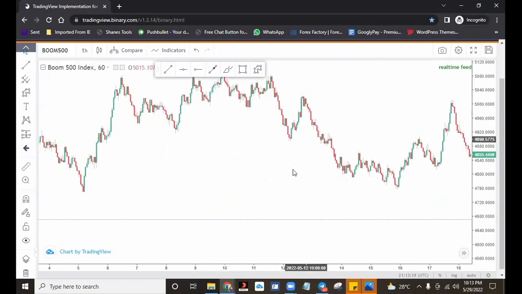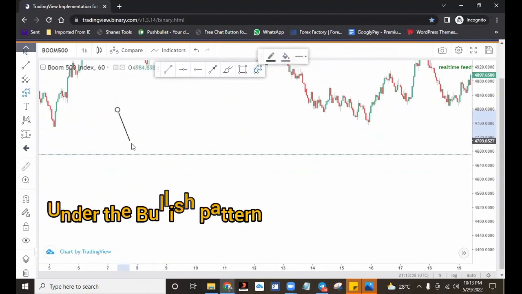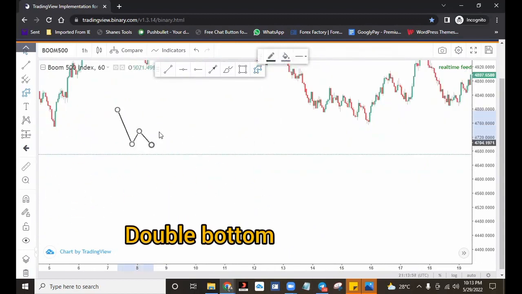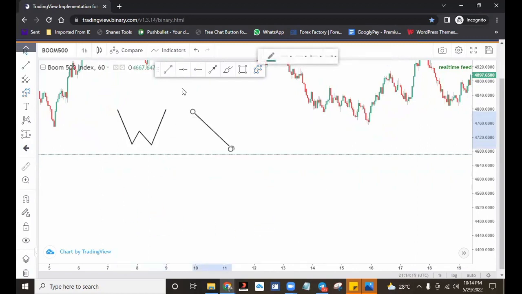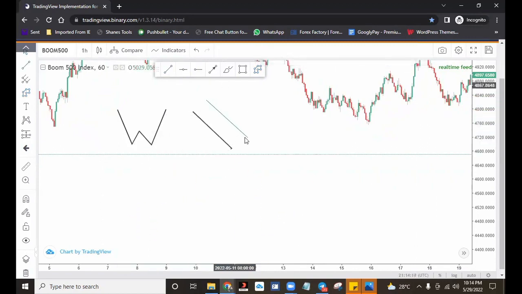Before I show you any chart pattern here, let me draw out some chart patterns for you so that you get to see and understand what they mean. Now, for the chart patterns, I'm going to just give you the most important ones. There are quite a lot. For the bullish patterns, we have what we call a double bottom. We also have what we call a falling wedge. This is how it looks.